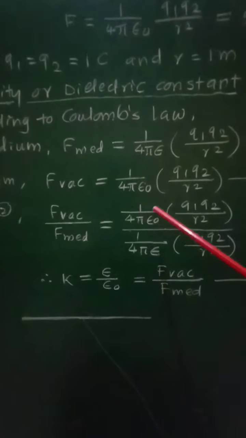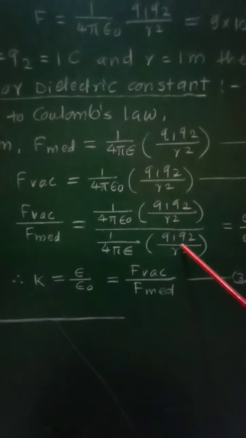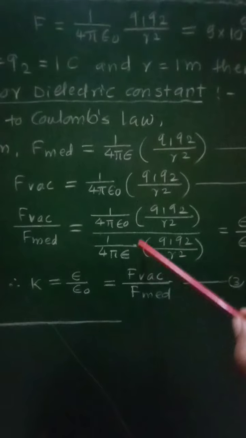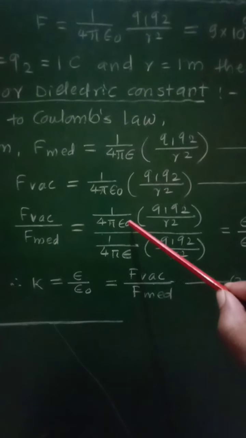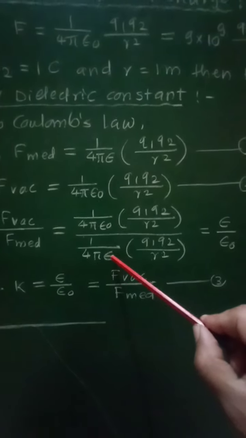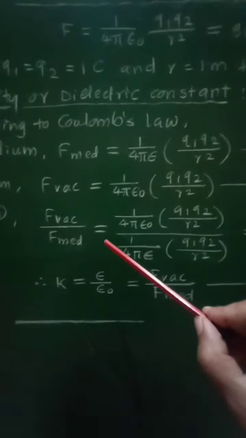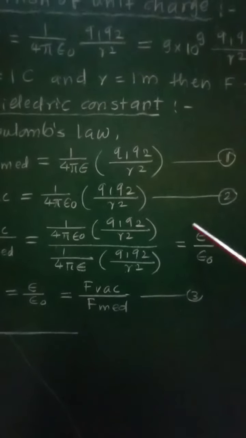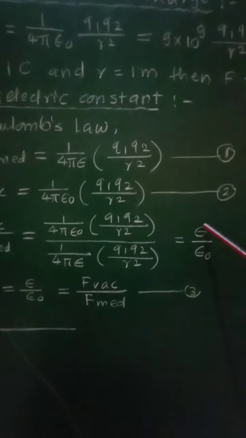Q1 Q2 by R square will get cancelled from both. Similarly 4 pi will get cancelled. Epsilon will be shifted to the numerator and epsilon 0 will be at the denominator, and therefore the ratio of F vacuum to F medium will be equal to epsilon upon epsilon 0, that is the permittivity of the medium divided by the permittivity of free space or vacuum.